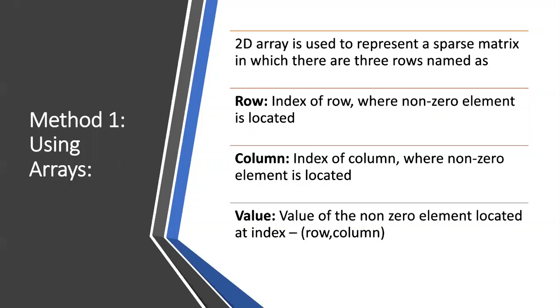Similarly, column is the index of the column where the non-zero element is located. Value is the value of the non-zero element located at that row and column index. Row comma column is what we usually see for a matrix. So this is the representation of the array.